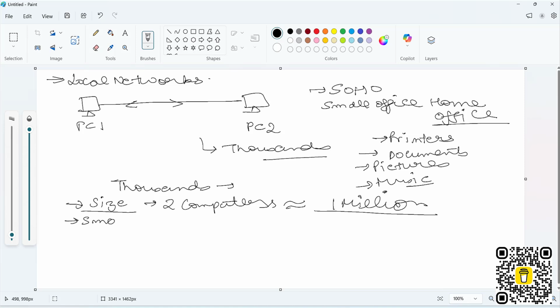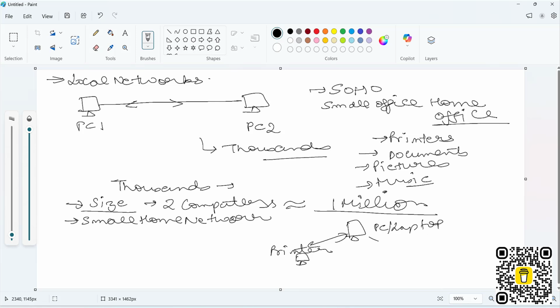Small home network. Let's suppose you are designing a network for your home. In your home, you will have one PC or a laptop, and then you also need something called a printer so that you can print.